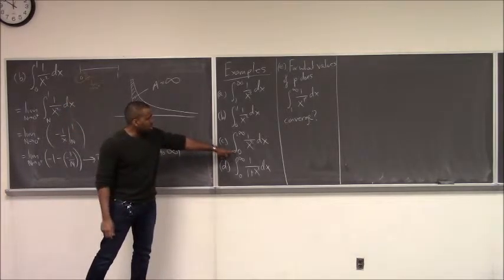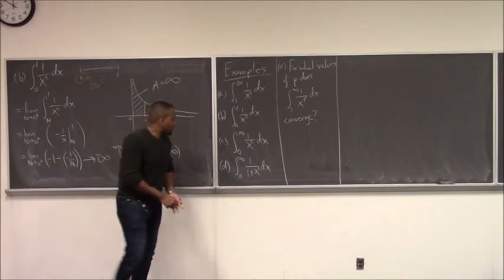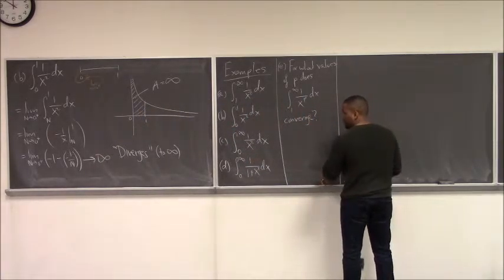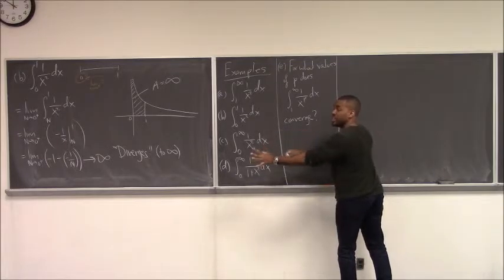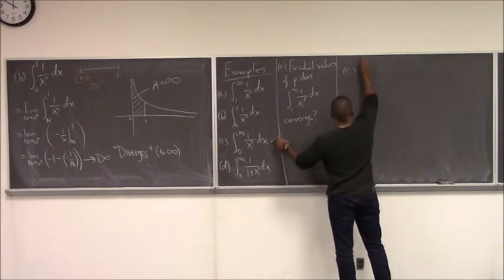And it kind of stands to reason that this one is also going to be a problem, because this includes the 0. But I want to show you, if we pretend we didn't know parts A and B, how would you deal with this guy?